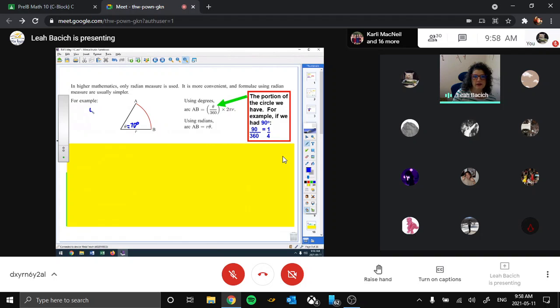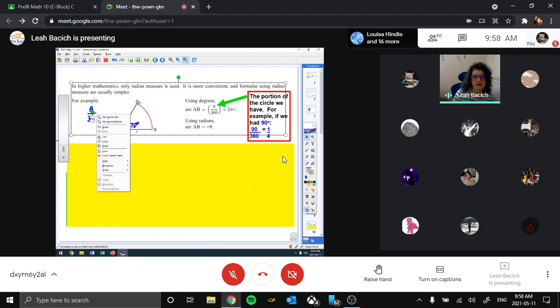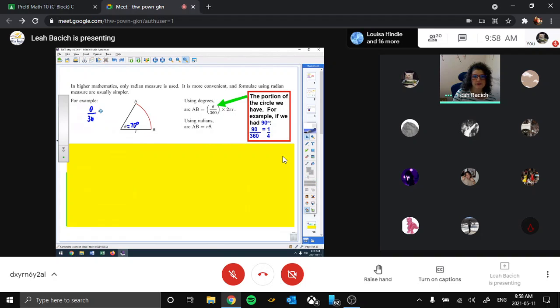If I have theta over the whole 360 degrees, whoops, sorry. Wouldn't that be 70 degrees over 360 degrees? So my arc length would be 7 over 36, would be the portion of the whole that I have.